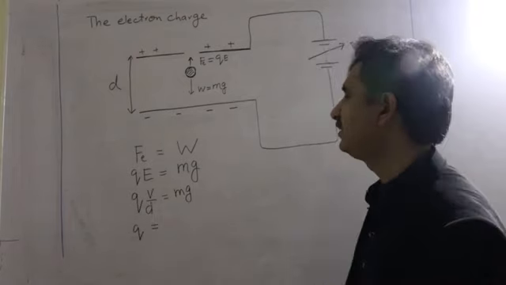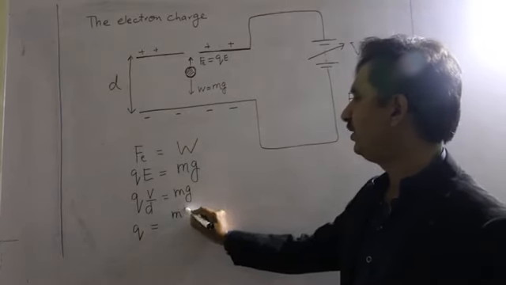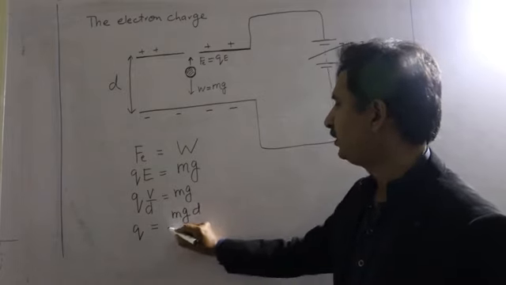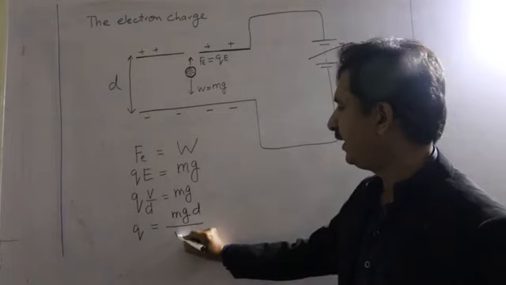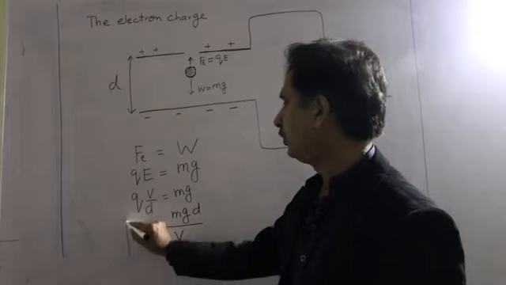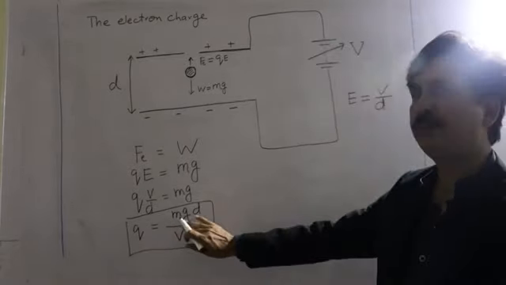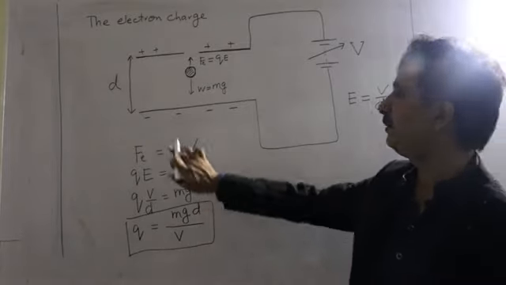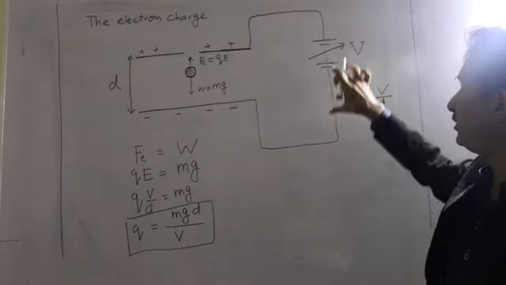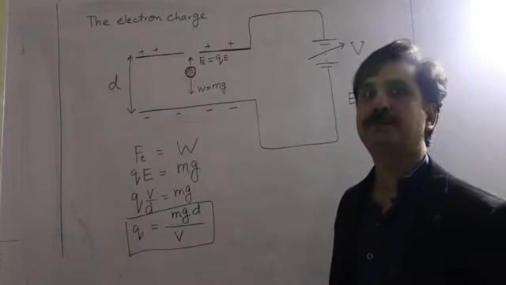Make Q the subject: Q is equal to mg times D, divided by V, so Q equals mgd over V. So you got an equation for Q. Put the value of m, g, the separation, and the potential difference through the variable supply, and you can find Q.